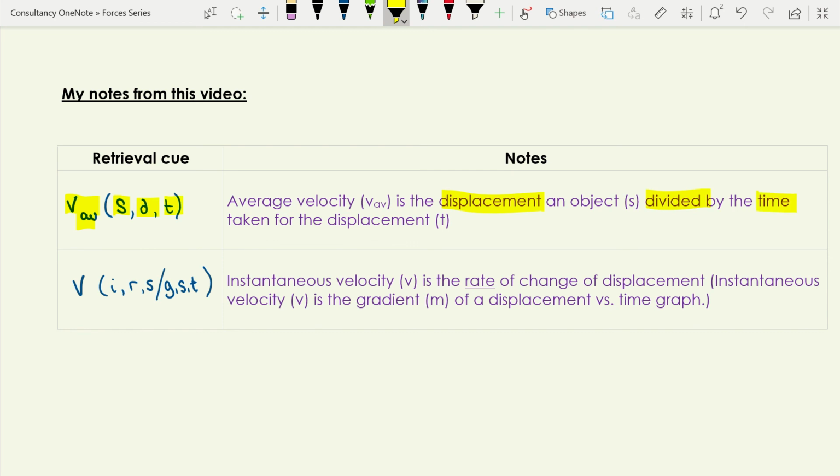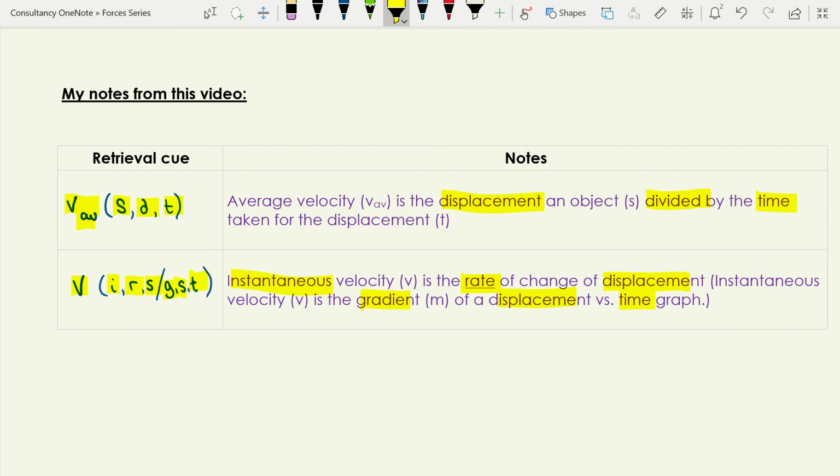So easily I've given myself the key words there. And this velocity, which is instantaneous velocity, is the rate of change of displacement, or it is the gradient of a displacement versus time graph.